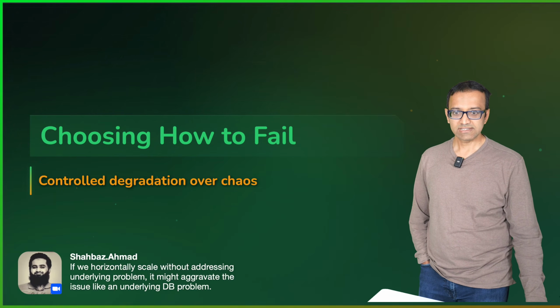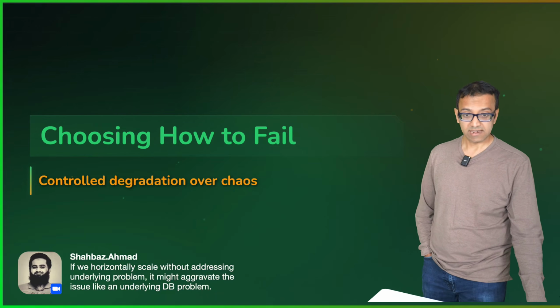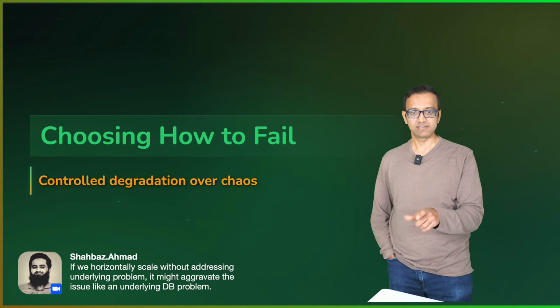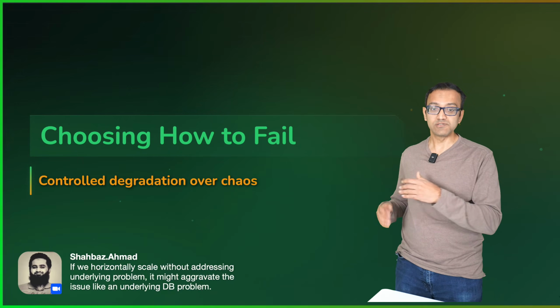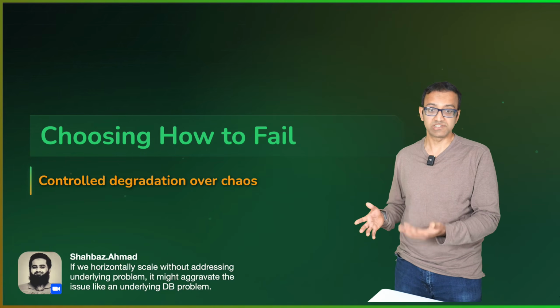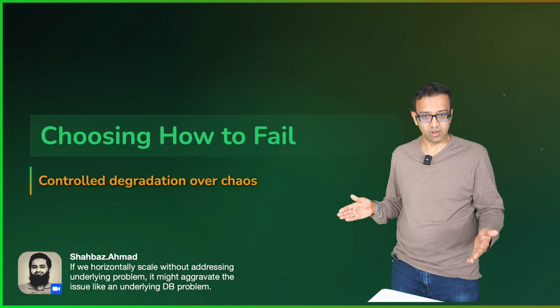If you horizontally scale without addressing the underlying problem, it might aggravate the issue with an underlying DB problem. Yes, that is true. So what this comment is addressing is that if, let's say, there is one more service down the line, you have a recommendation engine which is slow, and you go, well, okay, it's slow, I'm just going to add more nodes.